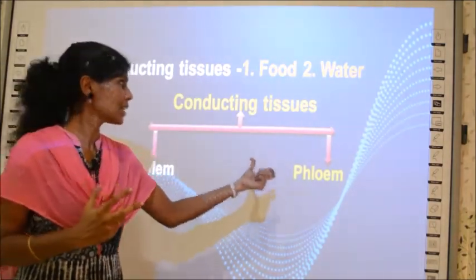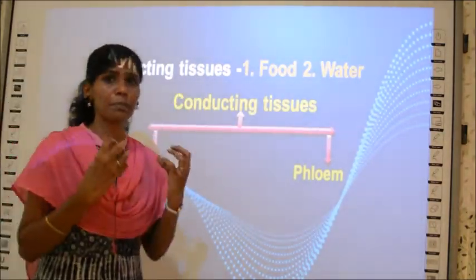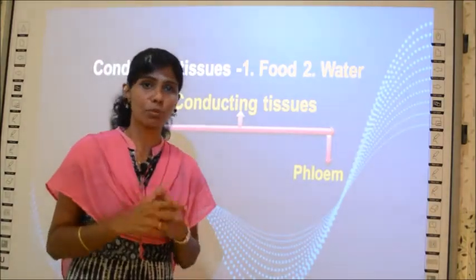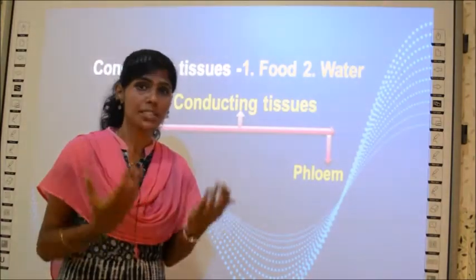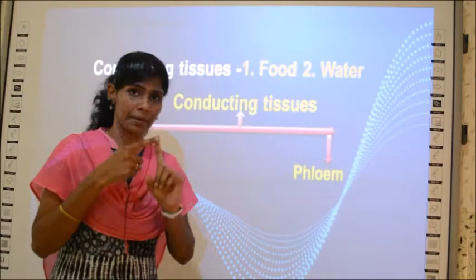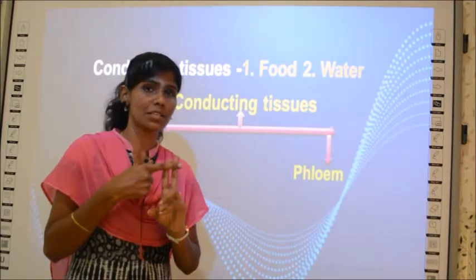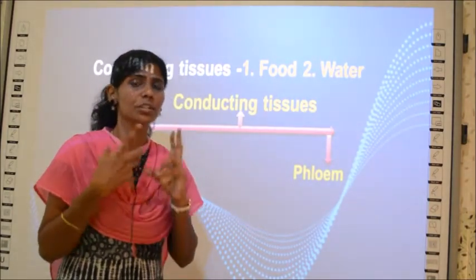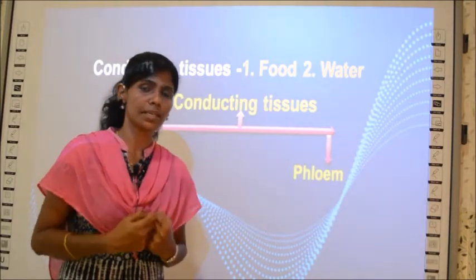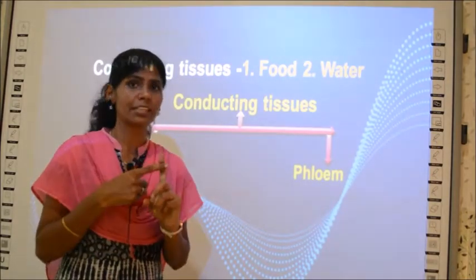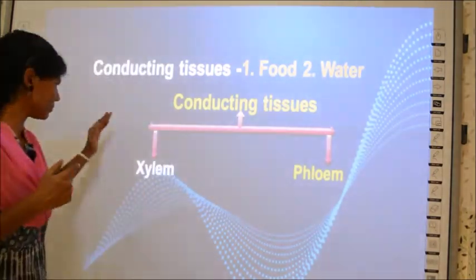What have we learned? Conducting tissues have the ability to transfer substances from one place to another. They either transfer food or they transfer water.